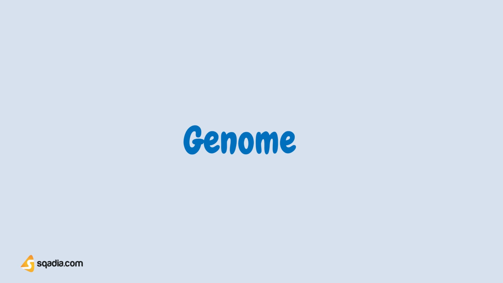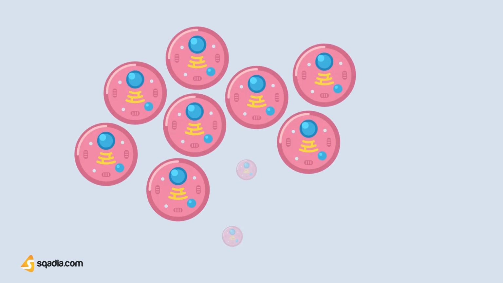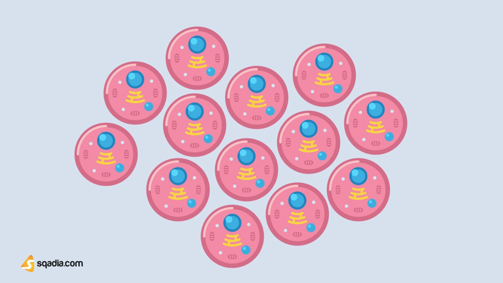A genome is an organism's complete set of genetic instructions. Each genome contains all of the information needed to build that organism and allow it to grow and develop. Let's understand it. Our bodies are made up of millions of cells, each with their own complete set of instructions for making us, like a recipe book for the body.